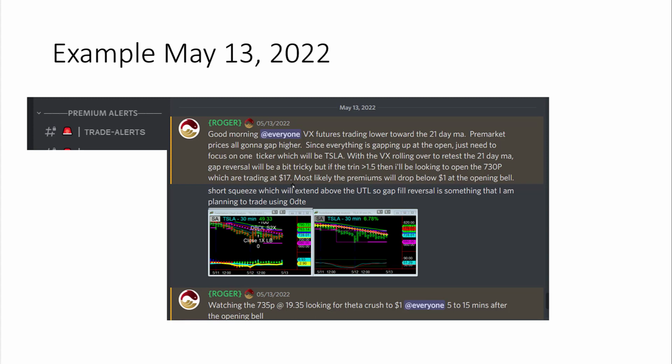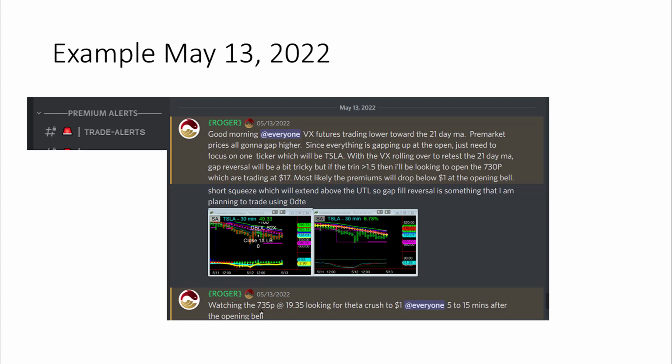So when the bell opened, they actually dropped all the way down to, I can't remember. I think I moved to the 720 puts because when these 730 puts dropped, they dropped down to $3. So I had to go down to another strike, 720, so that it could fit my $300 position size, right? So that's what happened.